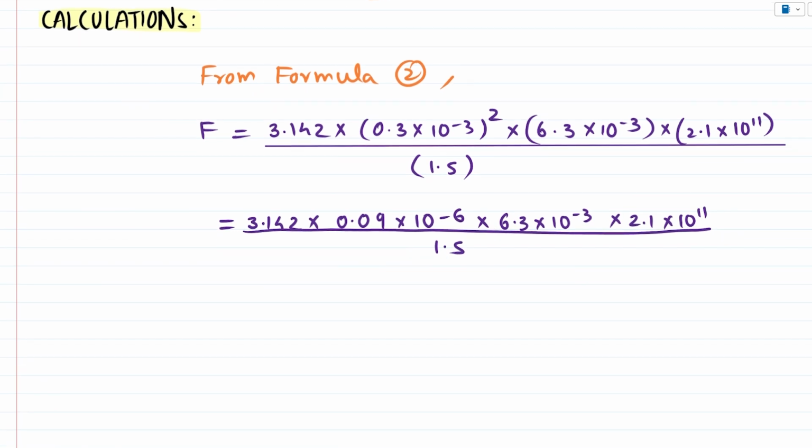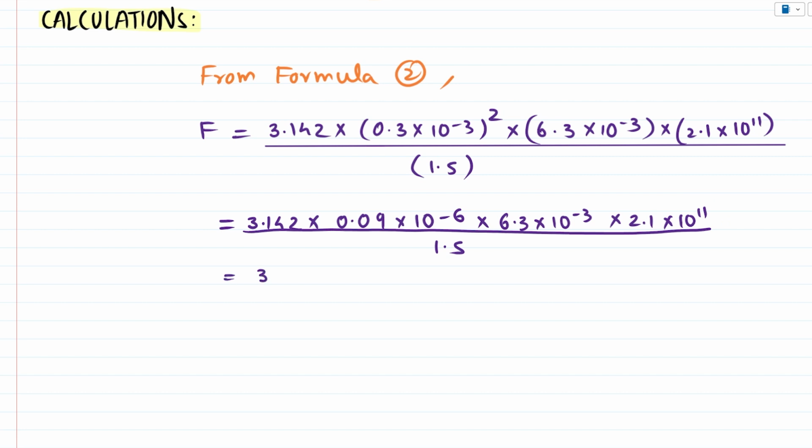So first, I think we should try to simplify it by solving all the 10 raised to terms. So 10 raised to minus 6 into 10 raised to minus 3 gives us 10 raised to minus 9, and into 10 raised to 11 gives us 10 raised to 2 there.